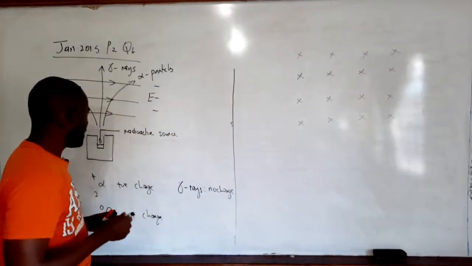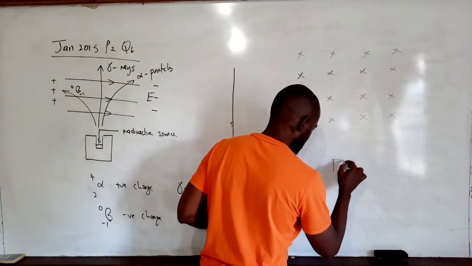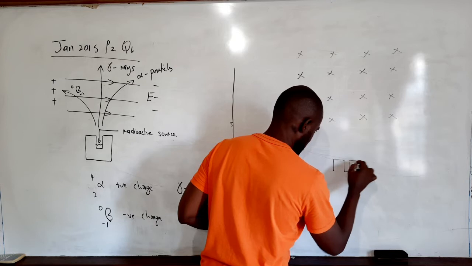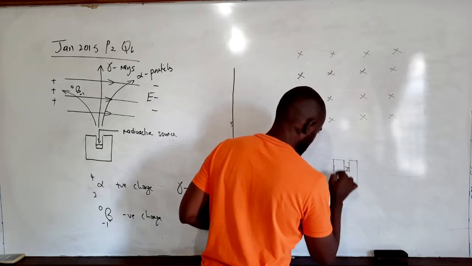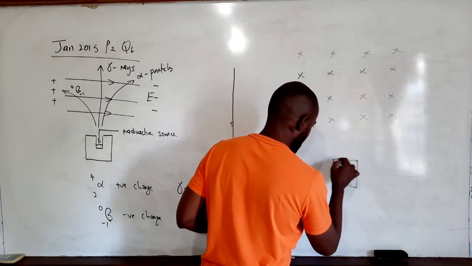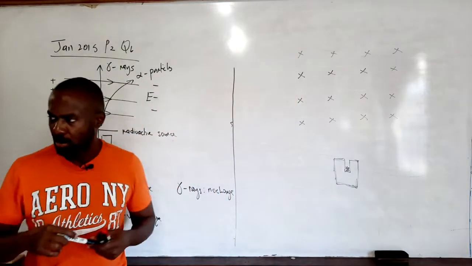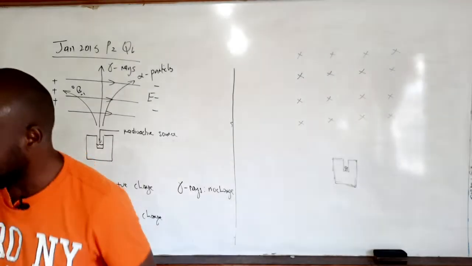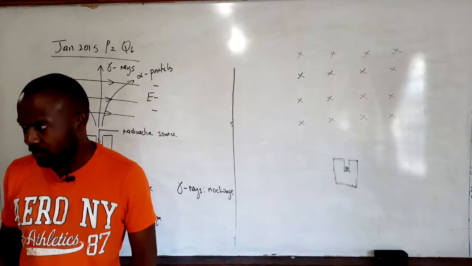And once again, if we have our source of radioactive emissions, then we will predict the path of the emissions.